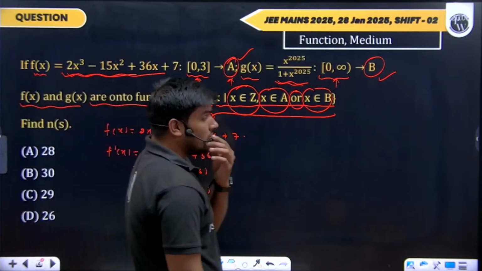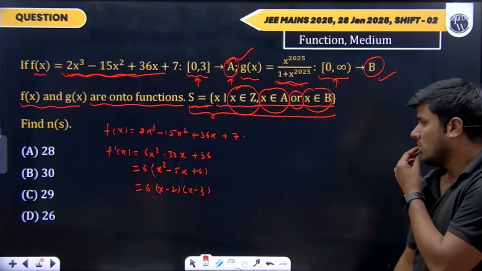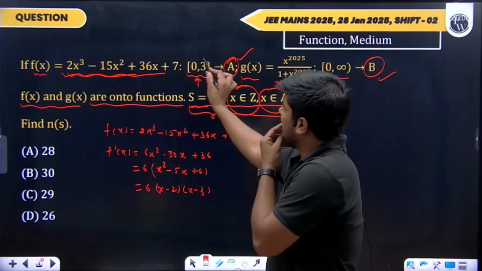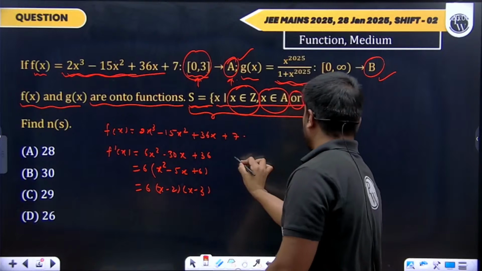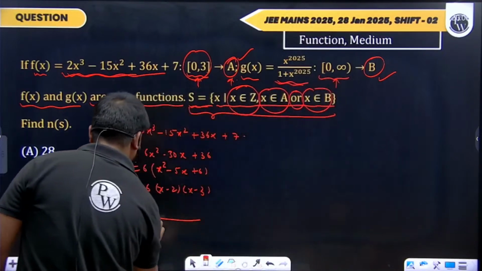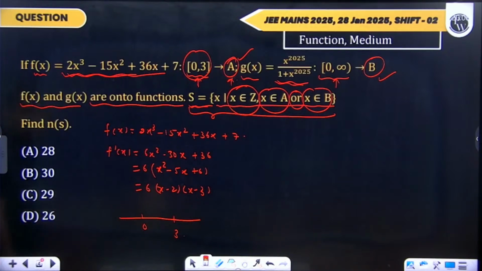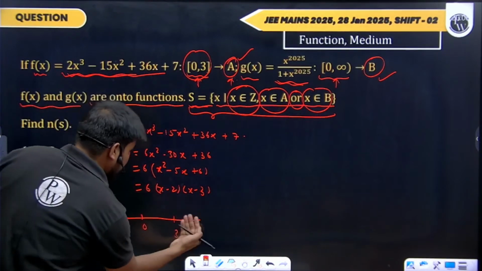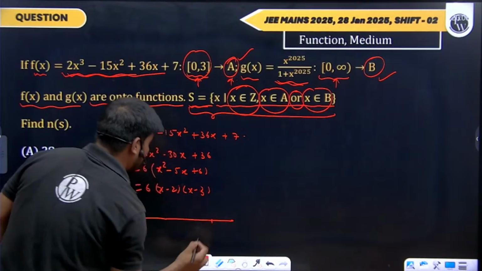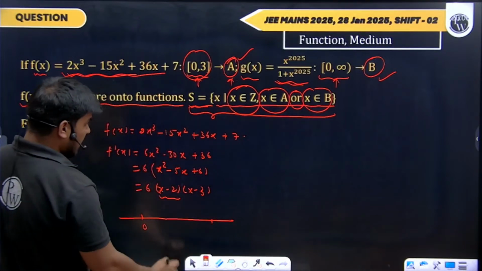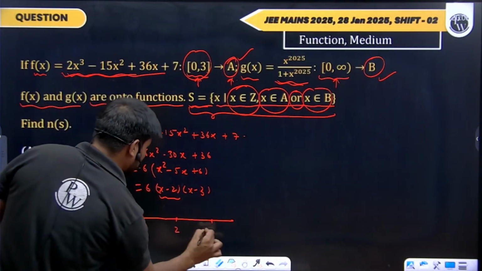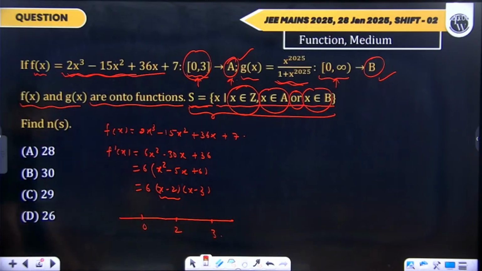Now we want to check the monotonicity of this function f(x) in the interval 0 to 3. In 0 to 3 the function has two critical points, x equals 2 and x equals 3 itself.